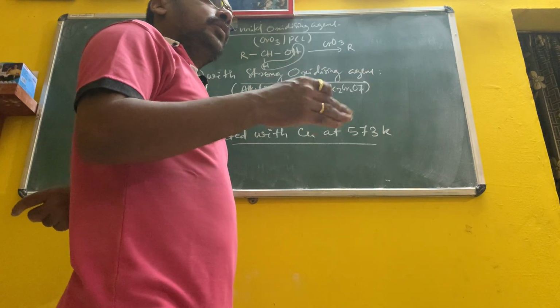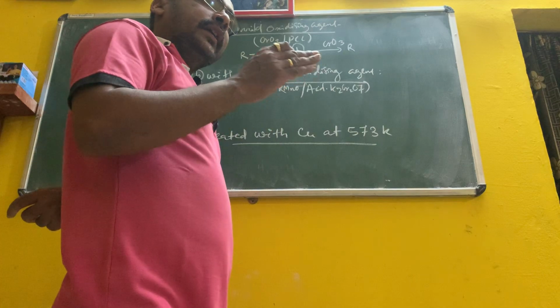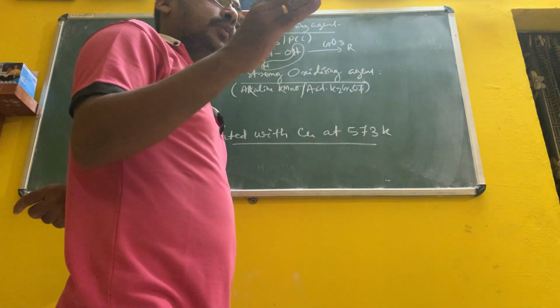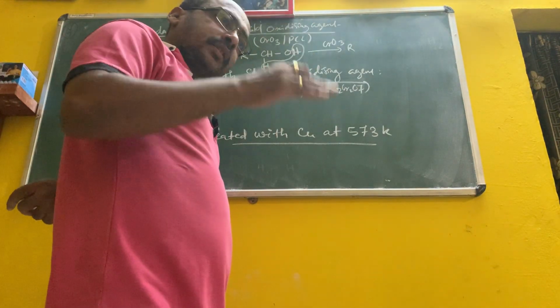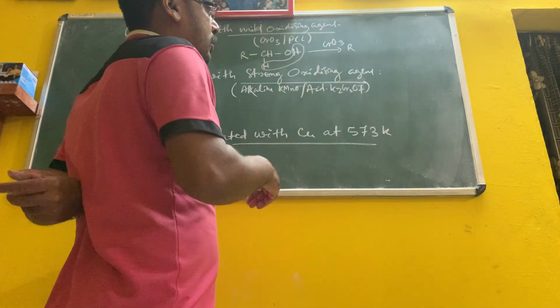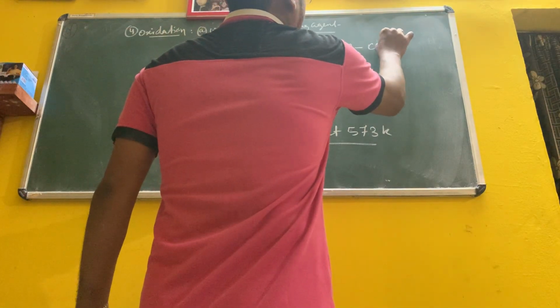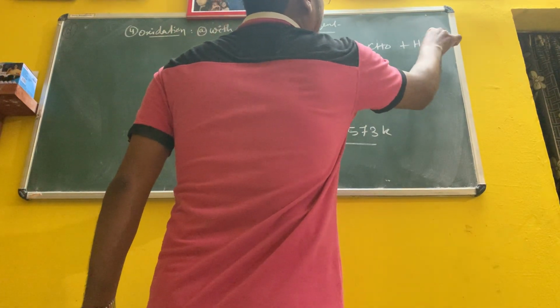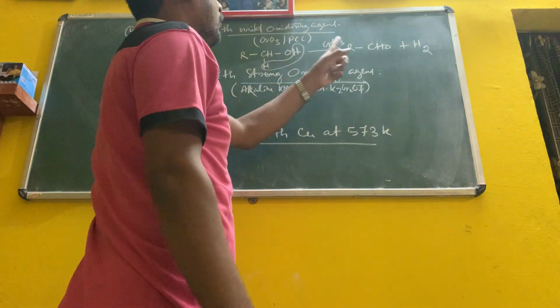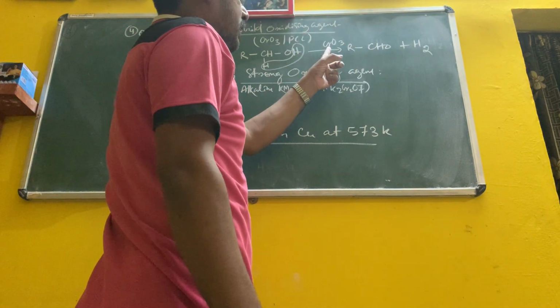Dehydration means removal of water. Hydration means addition of water. Dehalogenation means removal of halogen. Halogenation means addition of halogen. All of you clear? So this is RCHO plus H2, alcohol to aldehyde, oxidation by mild oxidizing agent CrO3 or PCC.